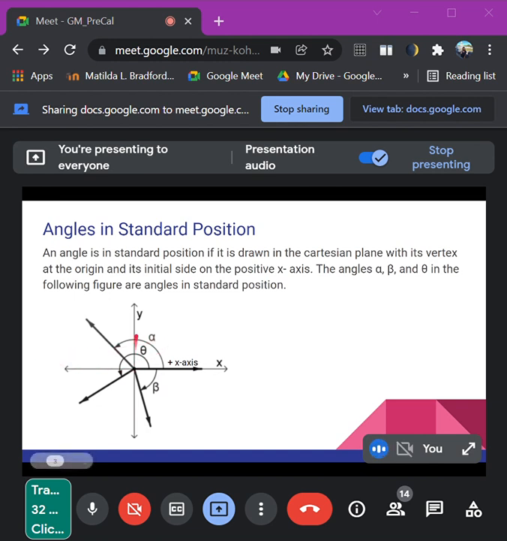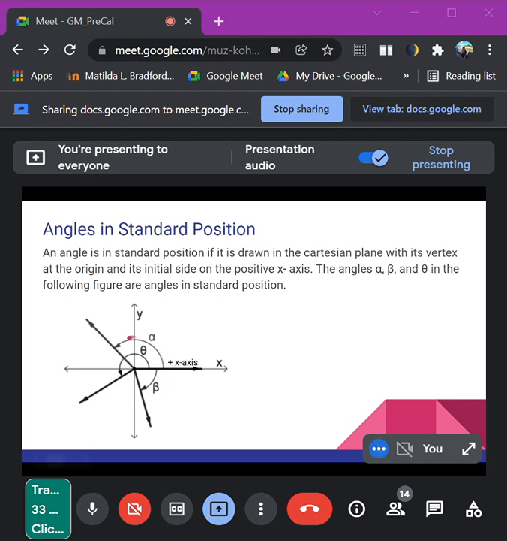This one is y positive and this one is y negative. So the angle must lie on the positive x-axis to be in standard position. Okay? Remember, it is in standard position if its initial side, where it starts, is on the positive x-axis.